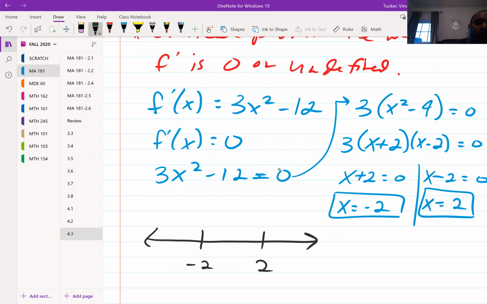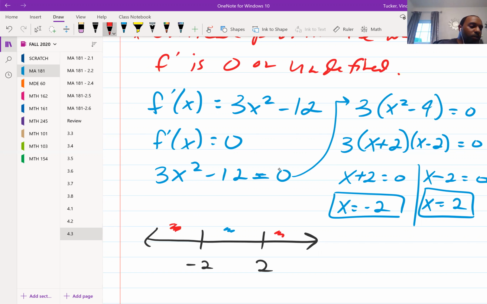It's going to be either positive or negative in this interval. Then in this interval, it would be the opposite, and in this interval, the other. That's normally the case, but it doesn't necessarily have to be that way. And that's why we still have to do our test values and check.